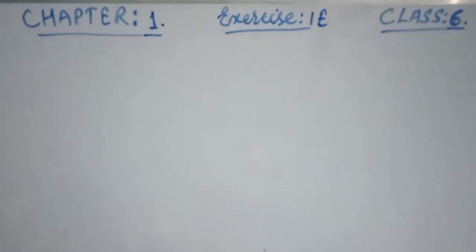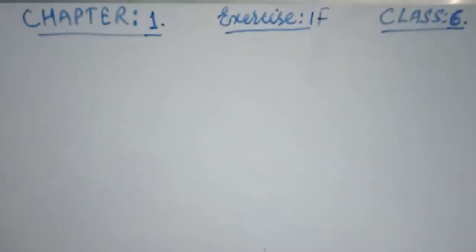So with the help of them, you can proceed and solve all the questions of exercise 1E. If you have any doubt or questions in exercise 1E, please send the problems to me through WhatsApp. I will reply and solve the problems. Okay, now see exercise 1F.